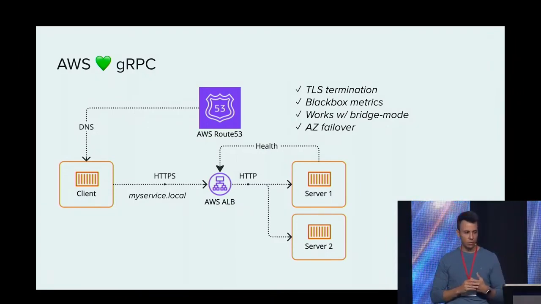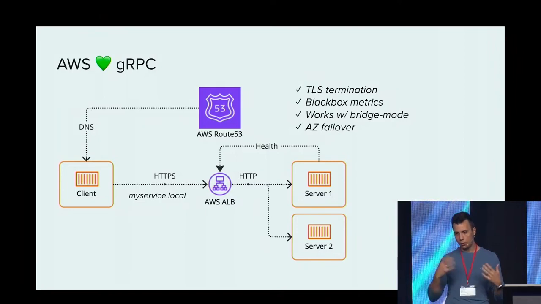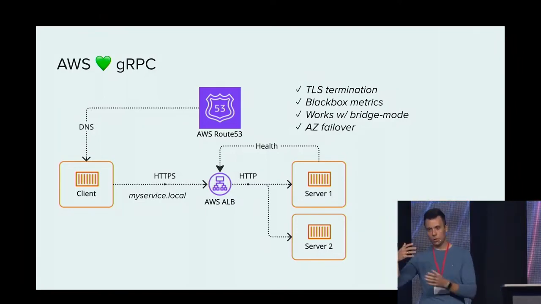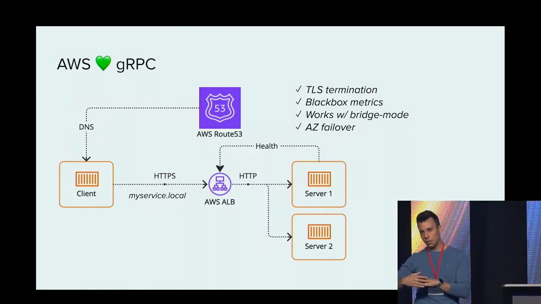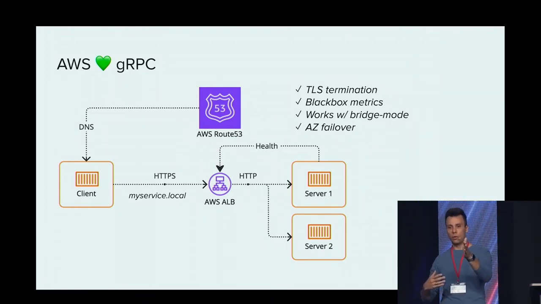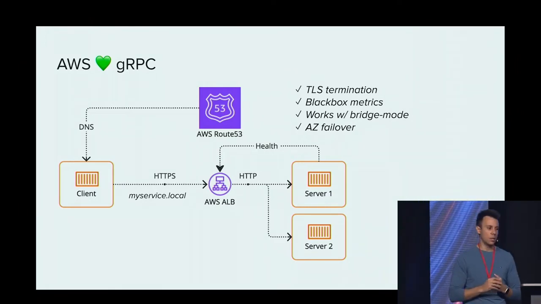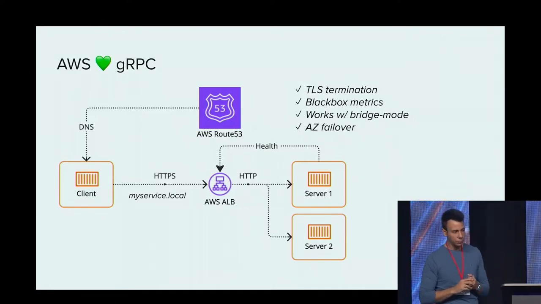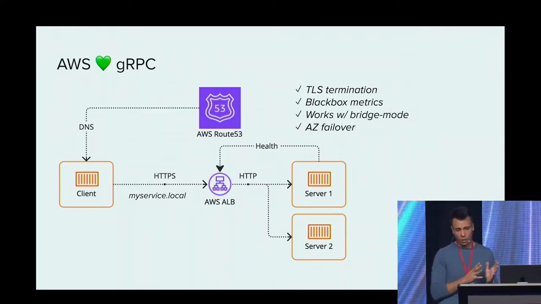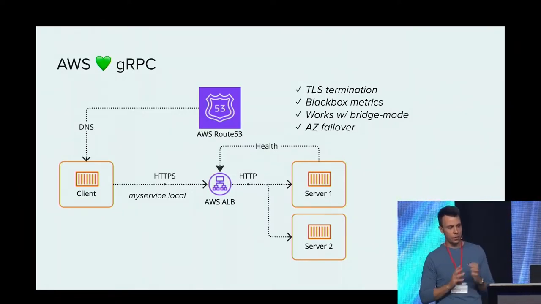The AWS load balancer allows you to use bridge mode, so your services are hosted on the same machine and exposed through different ports on the host, but the load balancer abstracts that. So for your clients, all gRPC services are always on the same port, the same standard HTTPS port. So it works quite nicely, and we also get AZ failover, availability zone failover, if we need it.